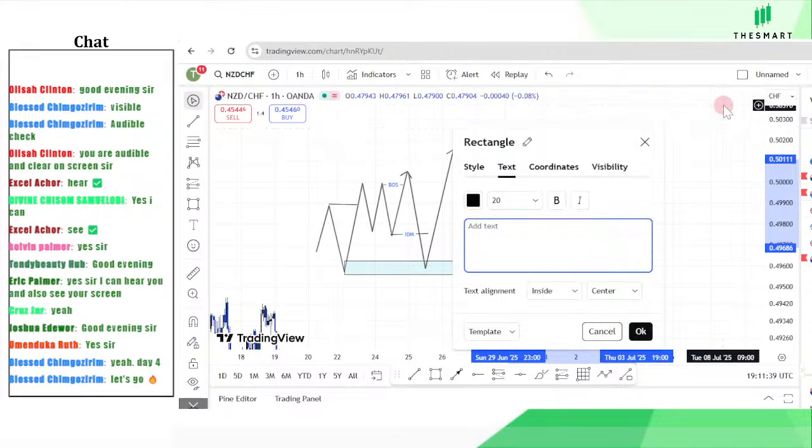The first criterion we want to see is a valid breakout structure, valid BOS, or change of character. That zone must give us a valid breakout structure or change of character. The second thing we want to see is that there should be a fair value gap on that part.